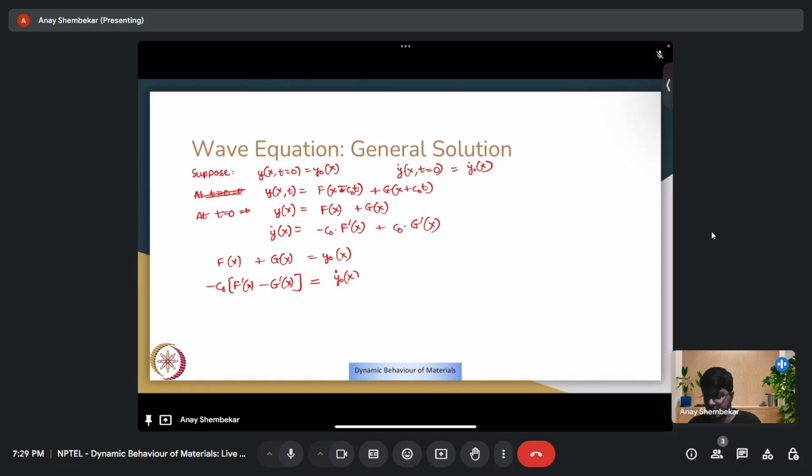If I integrate this second equation, what do I get?